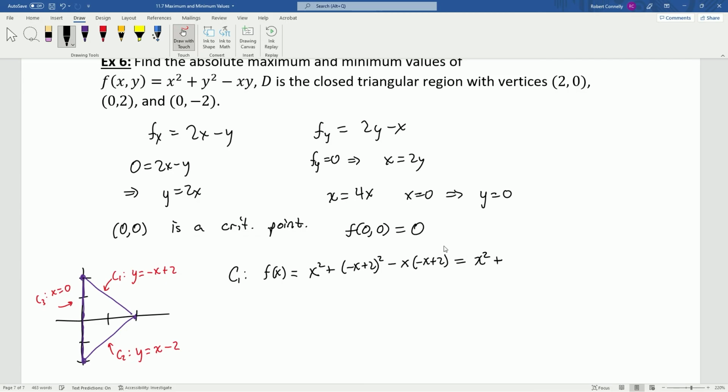This is x squared plus, when I multiply this out, x squared minus 4x plus 4, and then plus x squared minus 2x. So this becomes 3x squared minus 6x plus 4.